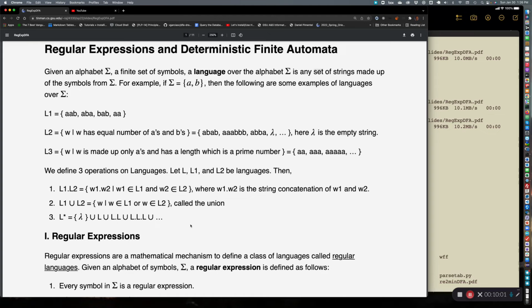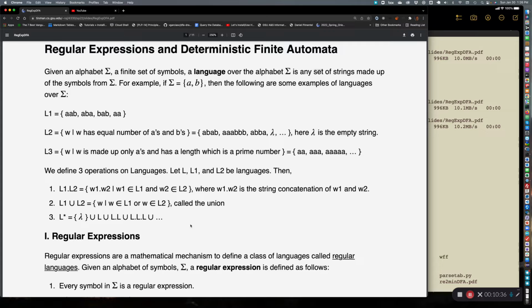You can take the same string from L and repeat it 4 or 5 times if you want, and another string and repeat that 3 times, whatever it is. So you can take any number of strings, any number of times, and string them all together, and you get a string in L star. This is called the star operator. It allows you to combine words from a language any number of times to make a bigger word in the L star language.